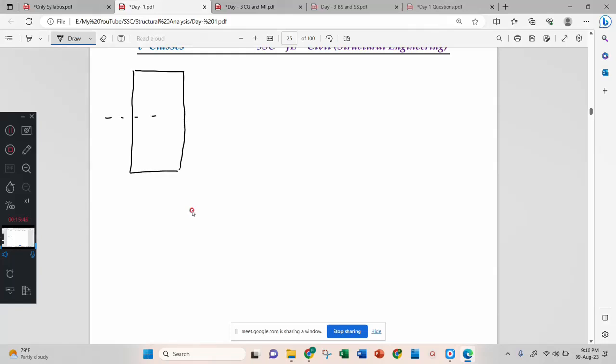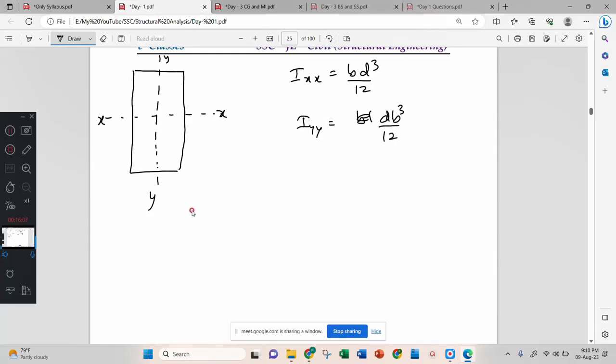This is your centroidal axis XX, and this is also centroidal axis YY. Therefore, IXX is BD cube by 12, and IYY is DB cube by 12. Always remember the cube will be on the perpendicular distance, that is your D.